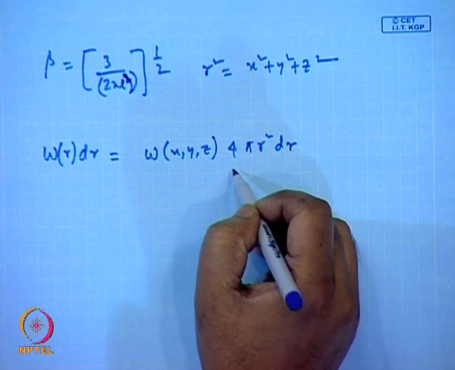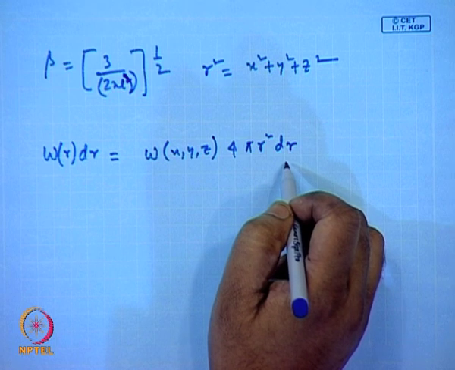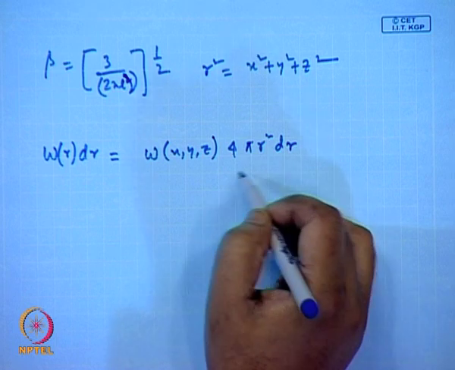We are adding a volume element here with a radius of r. 4 pi r square dr is the volume element.